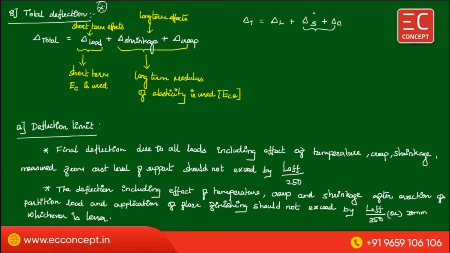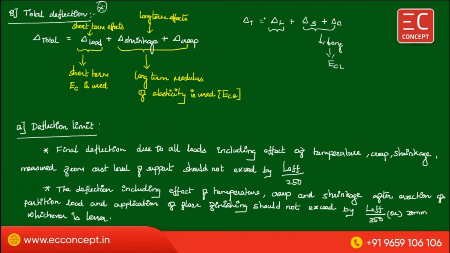Out of these three, deflection due to shrinkage and creep are long term effects. Because of the long term effect, the shrinkage and creep effects will be more, so the deflection is also more.